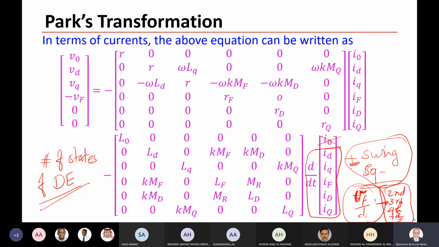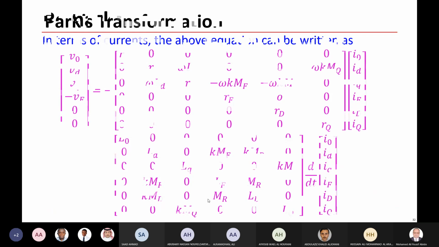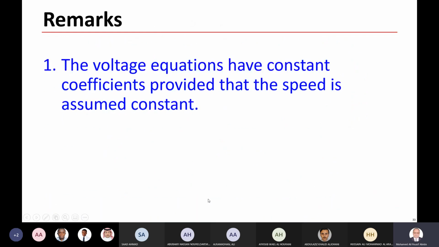If we consider the internal voltage in the D-axis and the Q-axis, this becomes the 2-axis model, and this is the 7th order model, or the flux linkage model. So we will see in the next handout the different models of the synchronous machine.